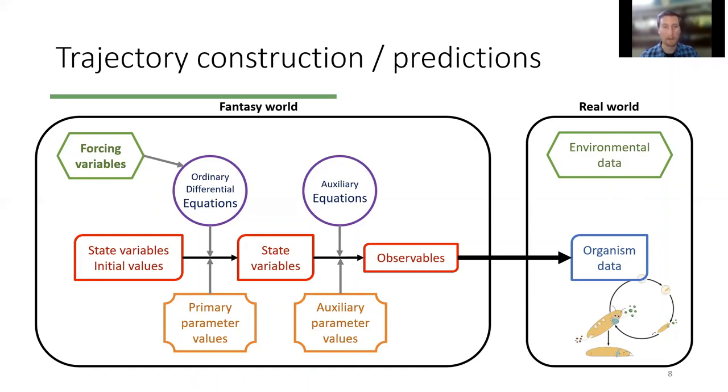But from there, because we are in this fantasy world in which we represent things that don't necessarily exist, but are difficult to measure, we need auxiliary equations and auxiliary parameters to transform them into quantities that are considered observables and that we can compare to organism data.